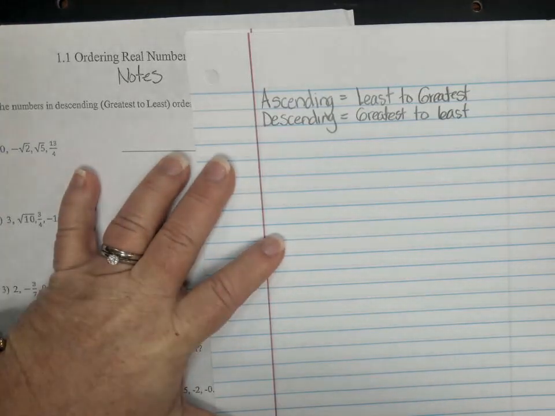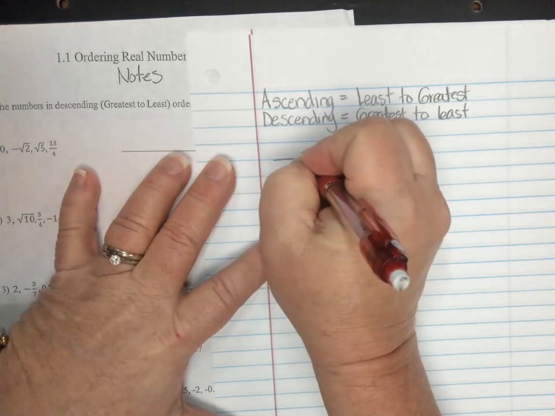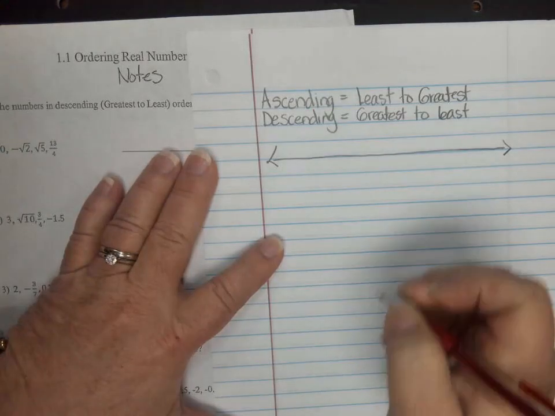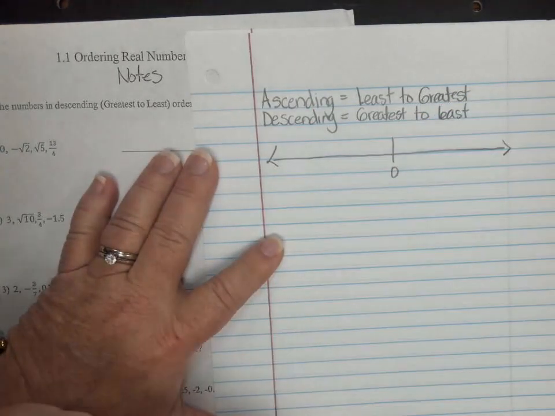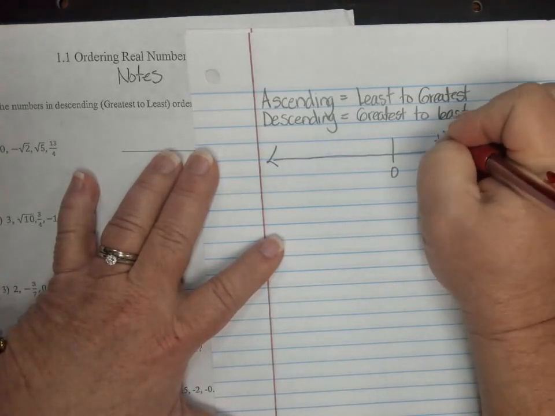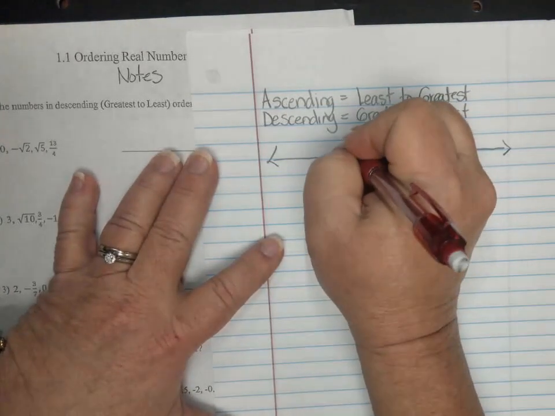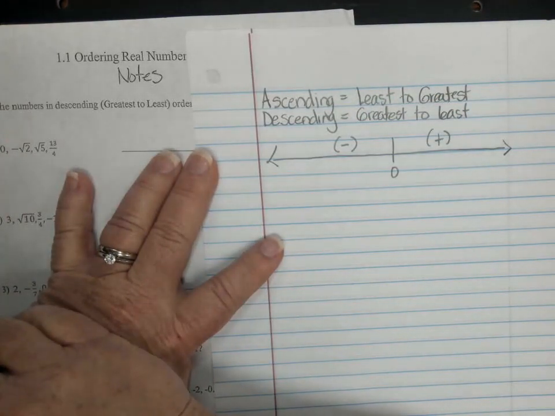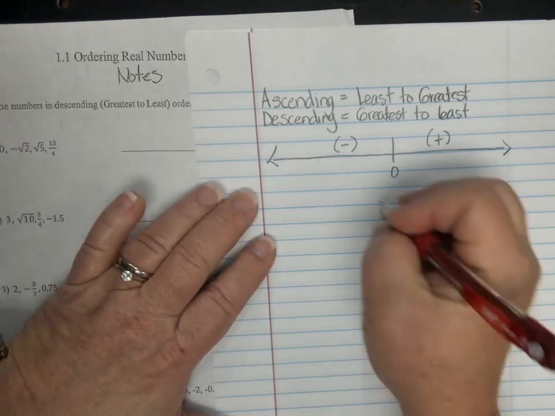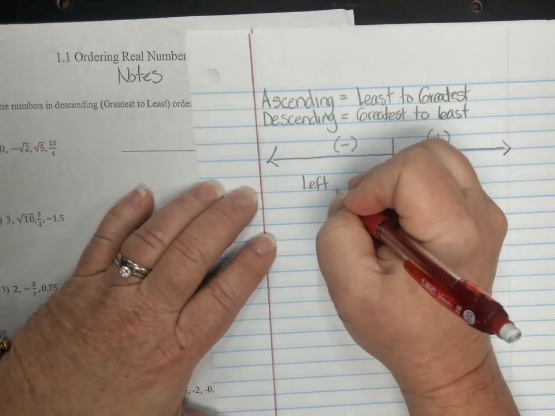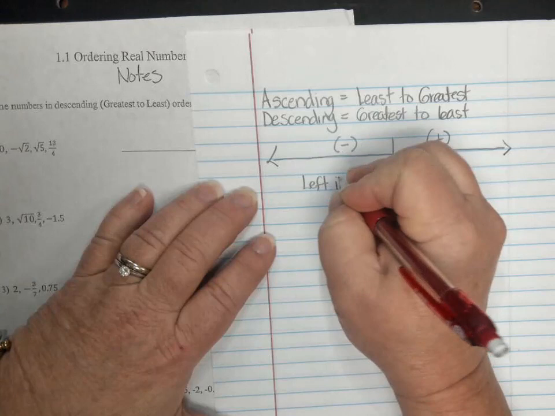Okay? The other thing that we need to understand, and I'm going to draw a quick number line because sometimes that helps us. And here is a 0, and that is essentially in the middle. Everything to the right is positive. Everything to the left is negative. And a lot of you right now are saying, well, I know that. Well, we still make mistakes with it, okay? And I like to say, the further left you are, the less the value. So left is less.